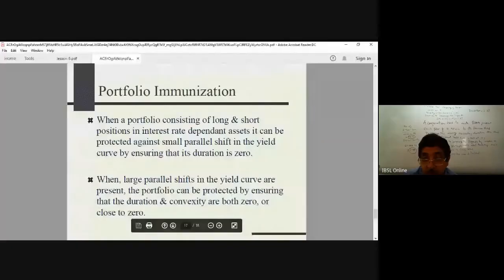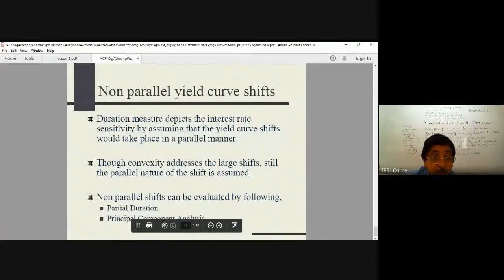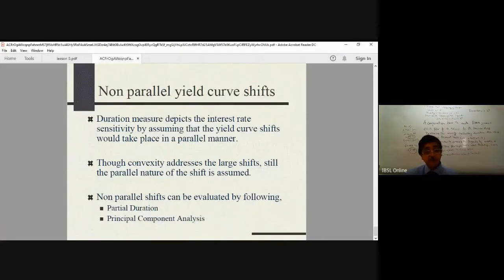Right. Now here you have this portfolio immunization, but then we need to talk in terms of non-parallel yield curve shifts. Non-parallel yield curve shifts. What do you mean by that? Now, in reality, parallel yield curve shifts are very, very rare.